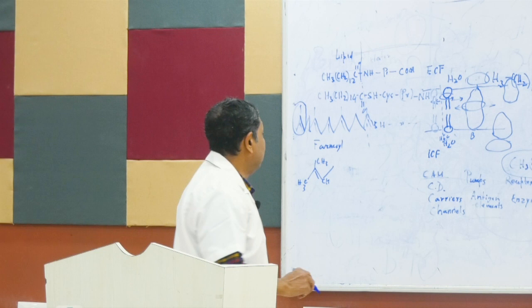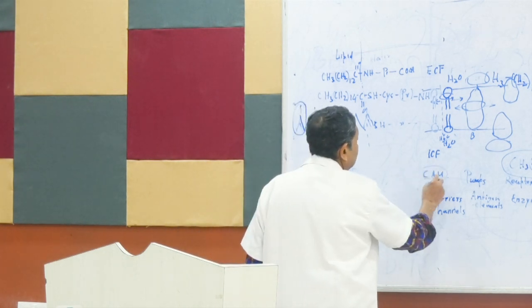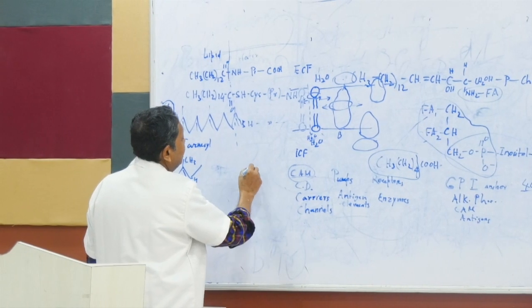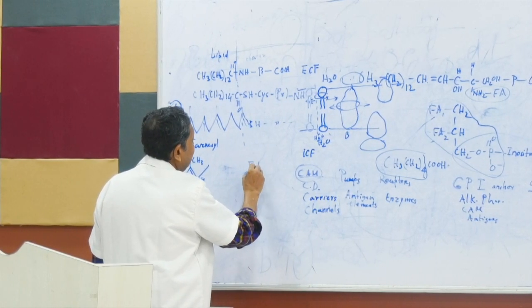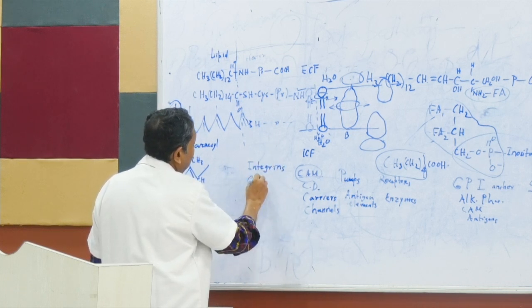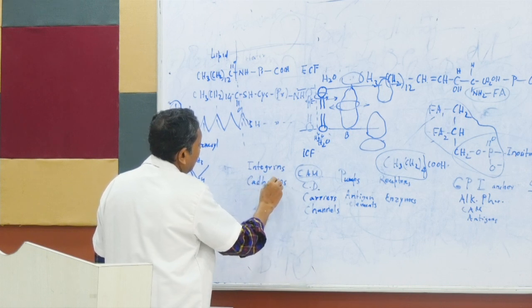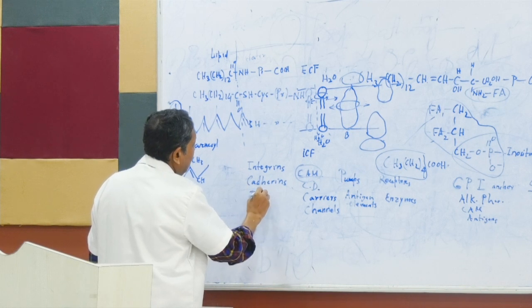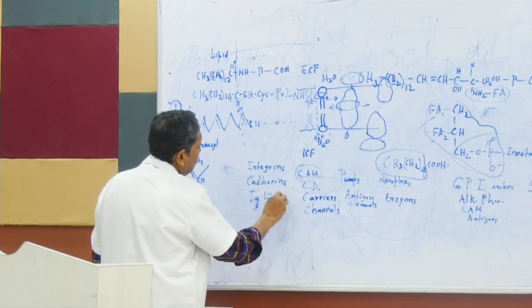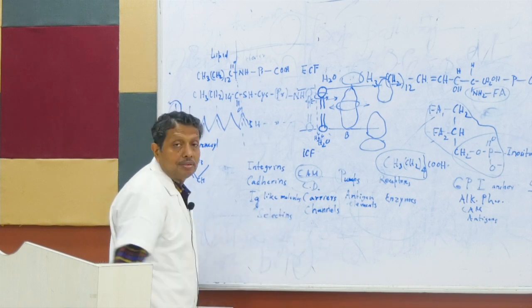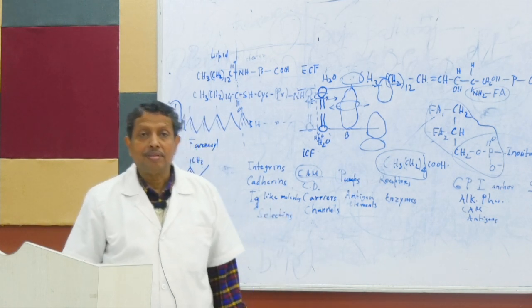Cell adhesion molecules are of different varieties. Some are integrins, cadherins, immunoglobulin-like molecules, selectins.